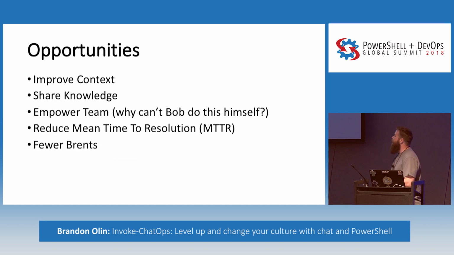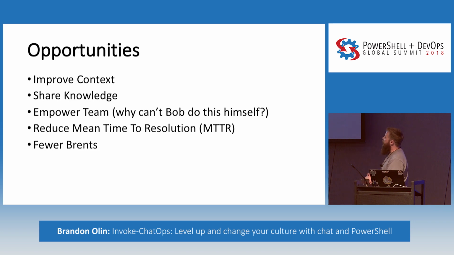So what are some of the opportunities that this highlights? What ChatOps can help with is it can improve the context. You notice there was a problem, something happened, they fixed it, no one knows what that is, and then the person got notified that it was resolved. Sally never learned anything about that experience, neither did Bob, really.